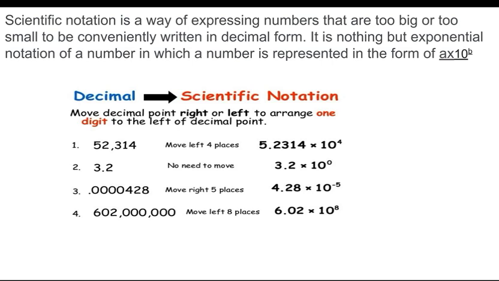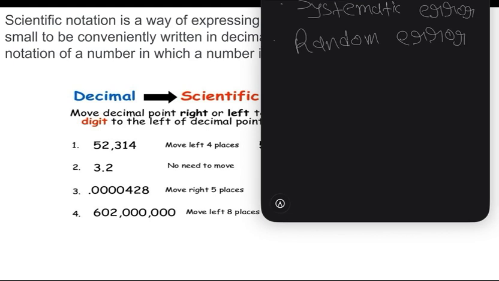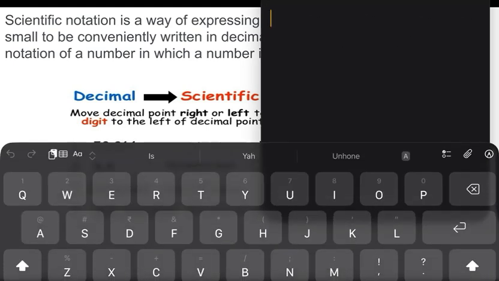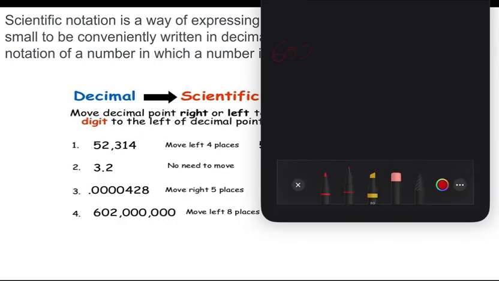Scientific notation. Scientific notation is a way of writing very large or very small numbers in a simple form. In chemistry, we often deal with very large numbers like 6.0000000000000, right?